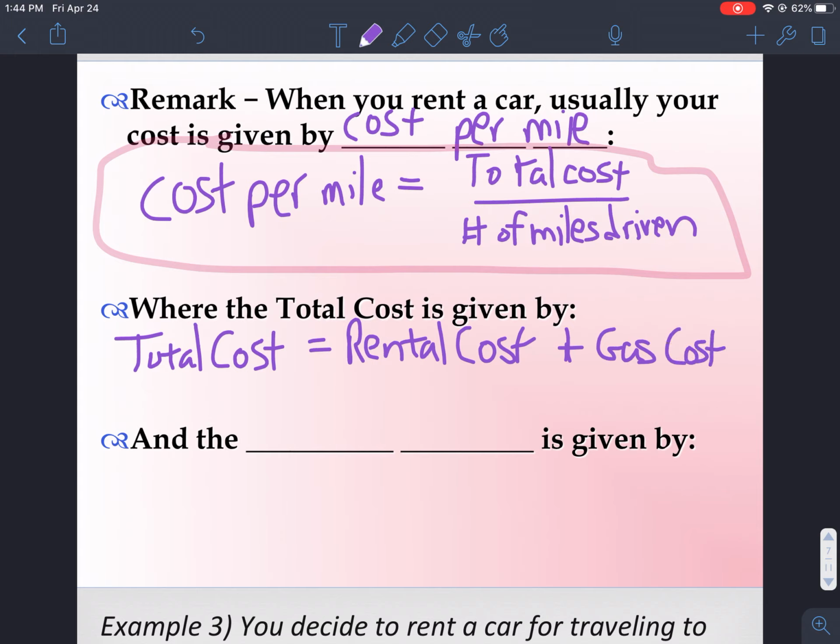So you rent a car for a certain number of days, you get a rental cost, and then the miles get added onto that, you pay for those, and then plus the gasoline that you purchase.